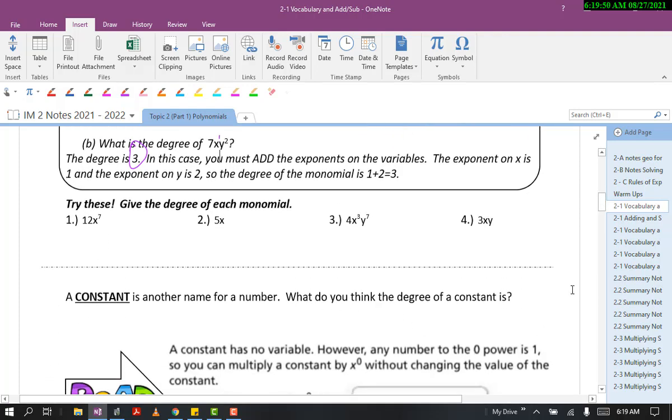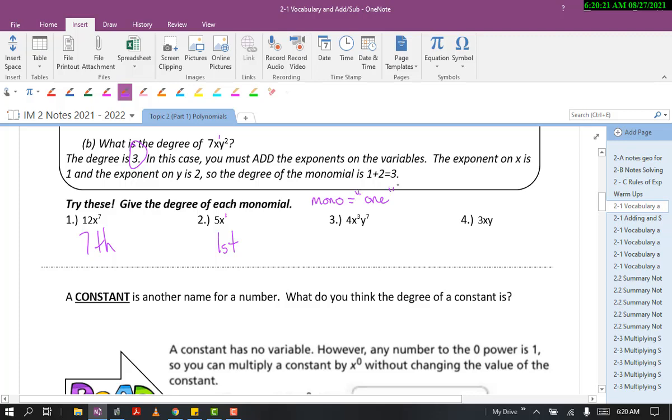So we'll give the degree of each monomial. Number 1, there's only one variable, it's x, and there's 7 of them, so it's a 7th degree. The second one here, 5x, there's only one variable, and the exponent's 1, so it's a 1st degree monomial. Again, monomial means one term, mono means one. I didn't stress that enough a second ago.